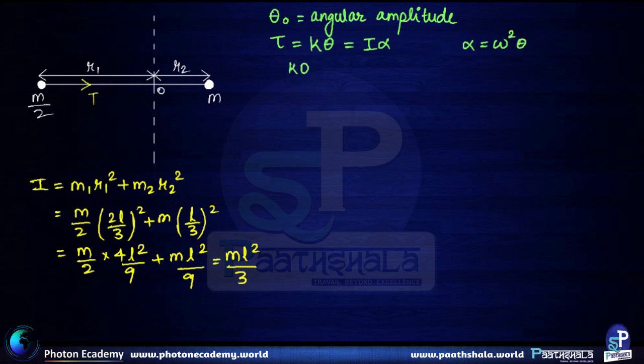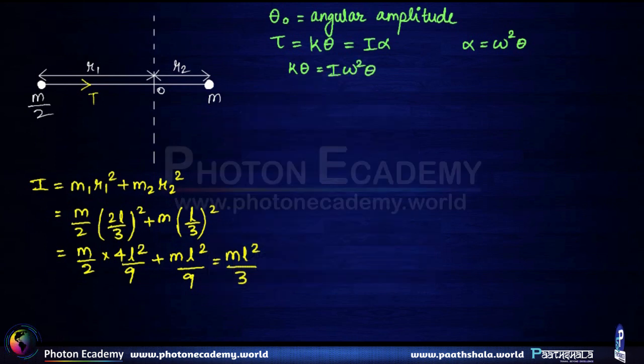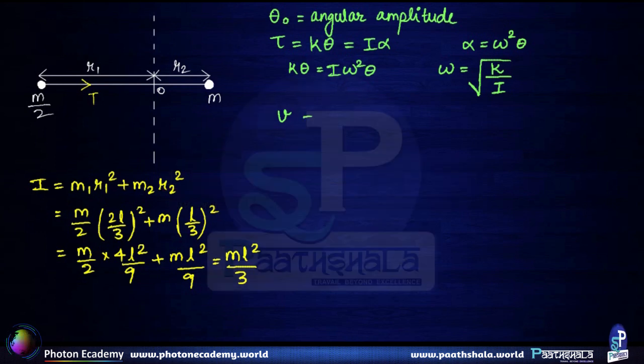So k theta equals I omega square theta, so omega equals square root of k by I. Now velocity at equilibrium is maximum and this is equal to omega theta naught. Putting the value of omega, we get velocity to be square root of k by I into theta naught.